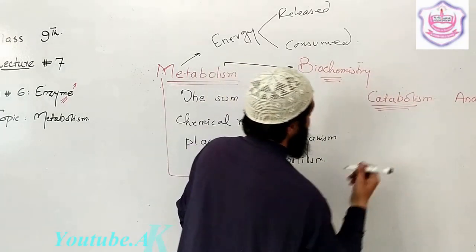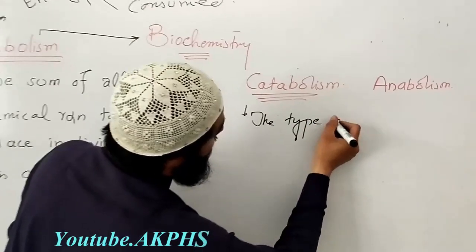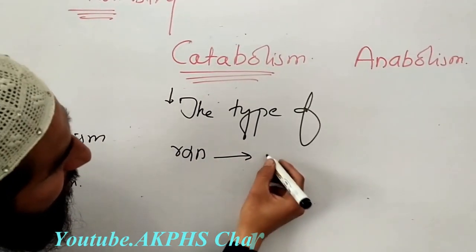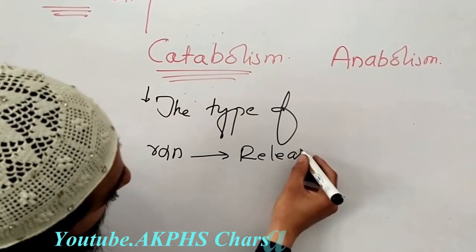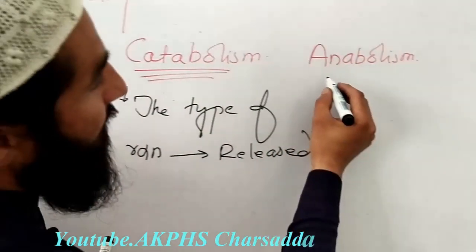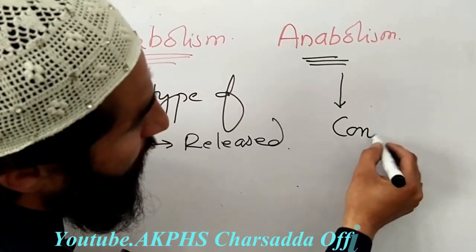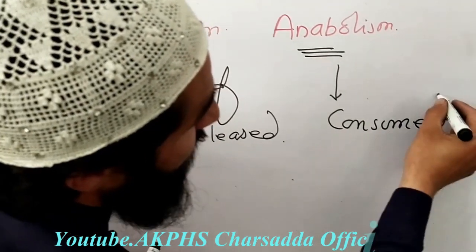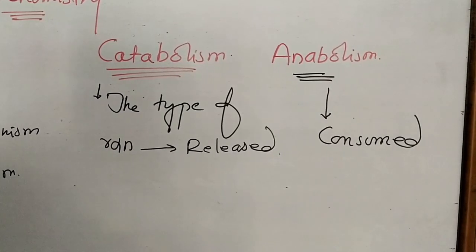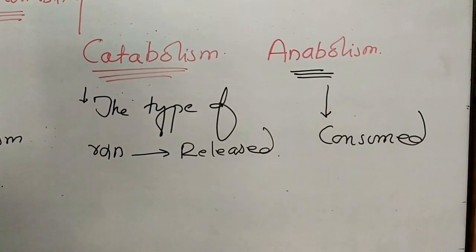The type of reaction in which the energy is released is called catabolism, while the type of reaction in which the energy is consumed is known as anabolism. Means the reaction which requires energy is known as anabolism, and the reaction which produces energy is known as catabolism.